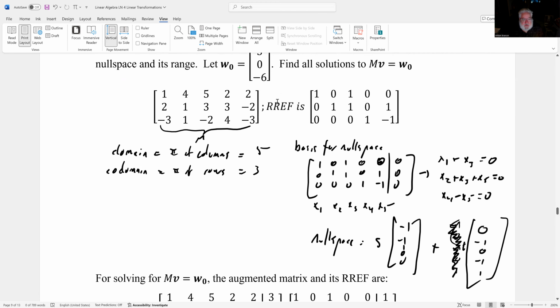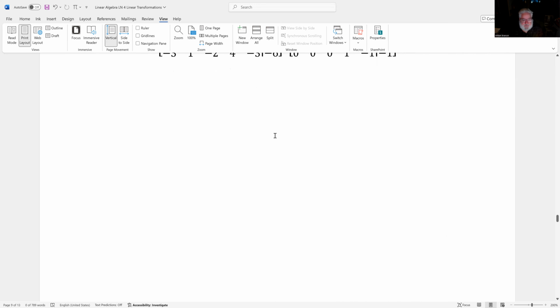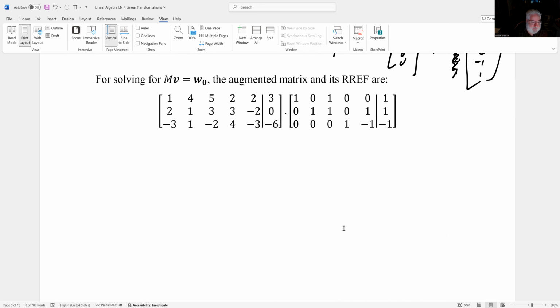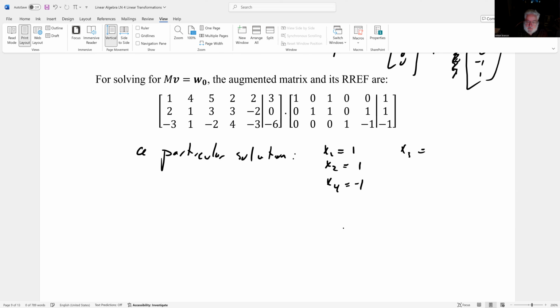What's a particular solution to this? W0 equals 3, 0, minus 6. Right, so this column is 1 times that column, plus 1 times that column, plus minus 1 times that column. So that's a particular solution. We can ignore these two columns.